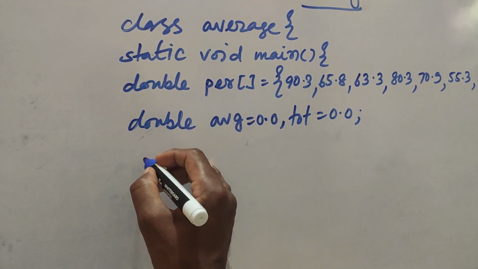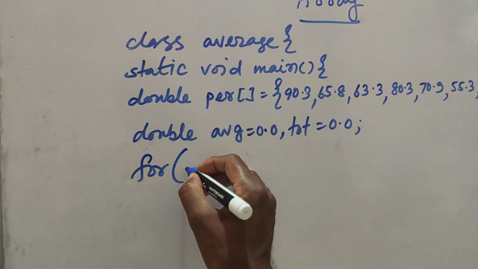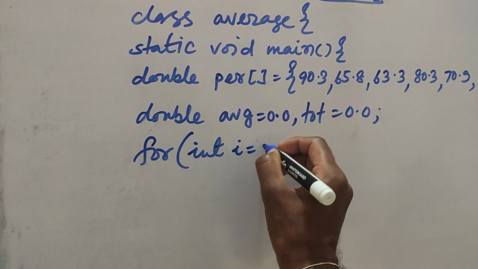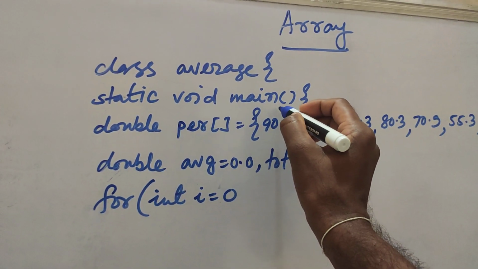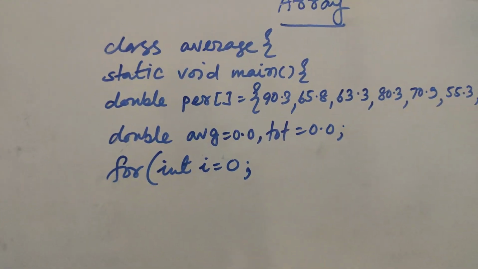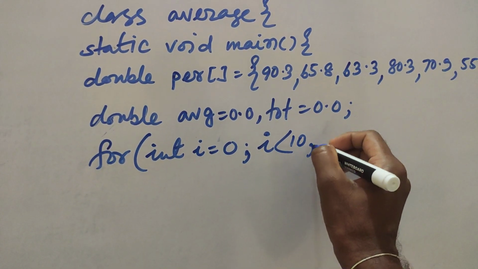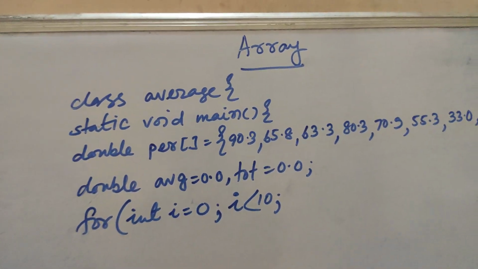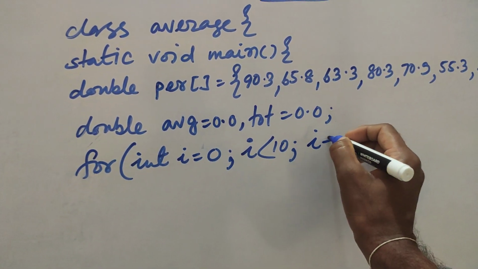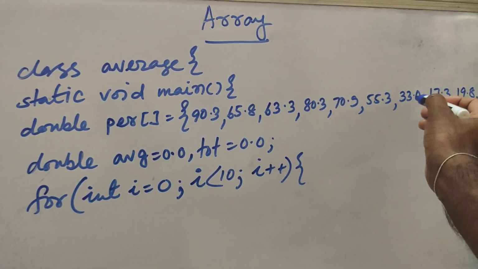Clear? Now first you need to compute the total. How? Here, int i equal to 0, because the index number starts at 0, that's why you give 0 in i. Then i less than 10, or you can give 0 to 9, less than or equal to 9, i plus plus. 10 values are there: 1, 2, 3, 4, 5, 6, 7, 8, 9, 10.